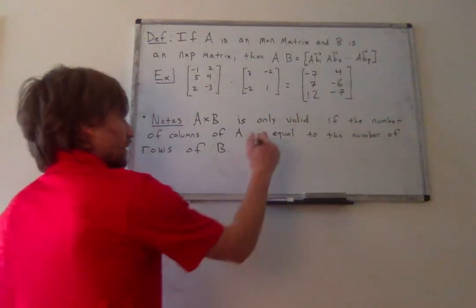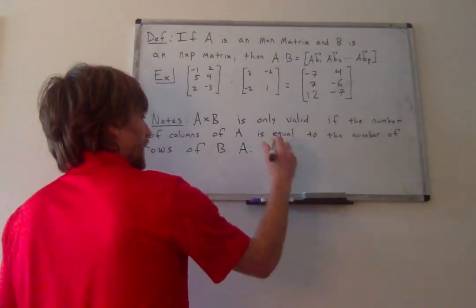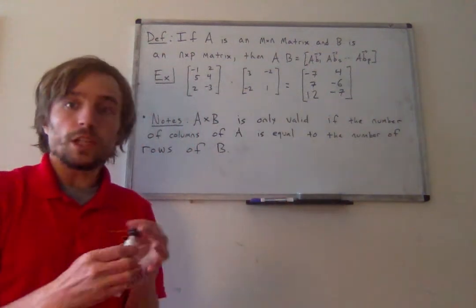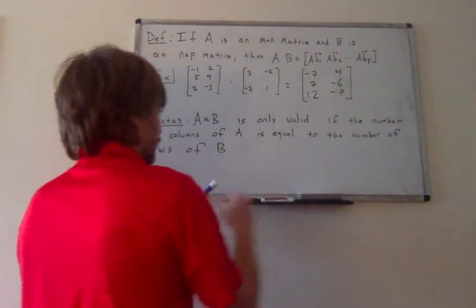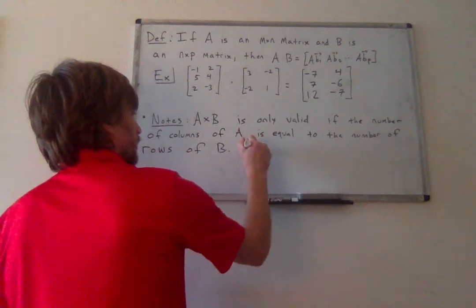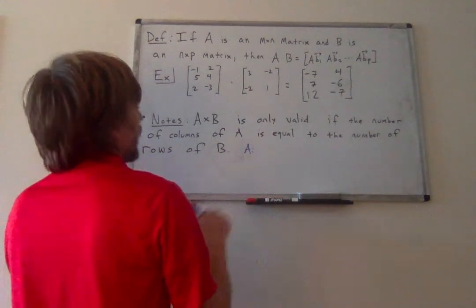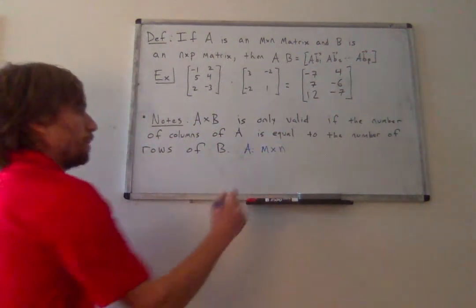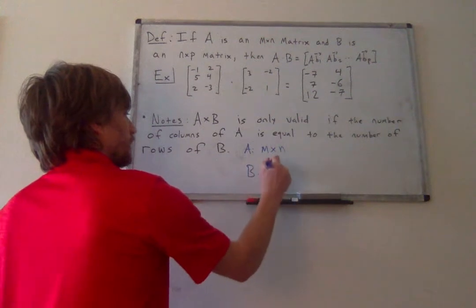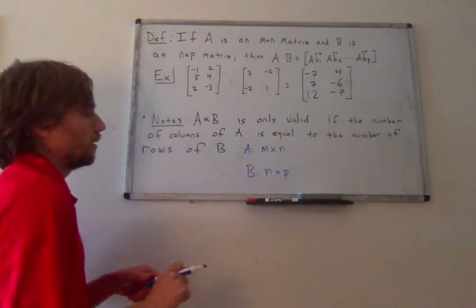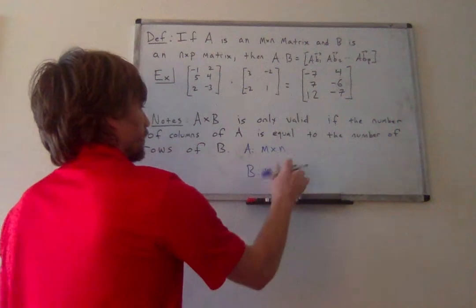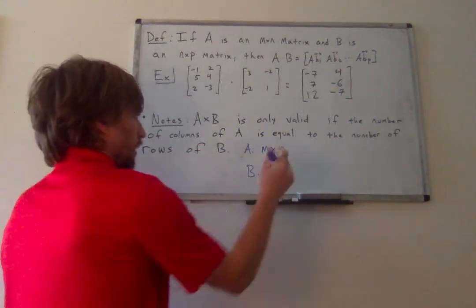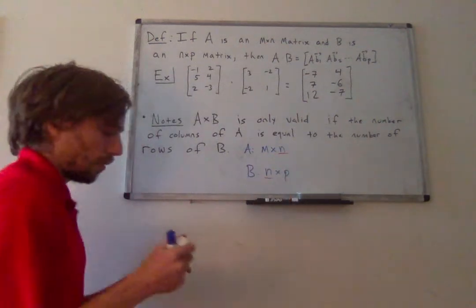So the way to tell this is, I'll do this in a different color to differentiate it. You look at the dimensions of the matrices. So if A is an M by N matrix and B is an N by P matrix, then A times B makes sense if this number and this number are the same.